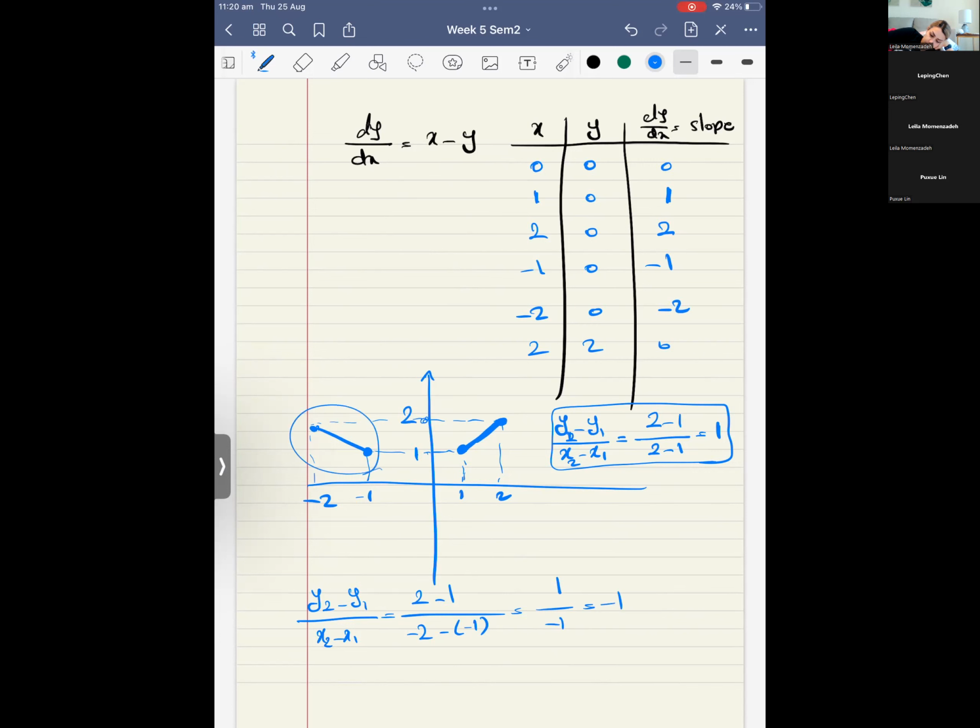The slope is negative, and before it was positive. It means that when the slope is positive, you have such a shape at that point. When a slope is negative, it's like this.